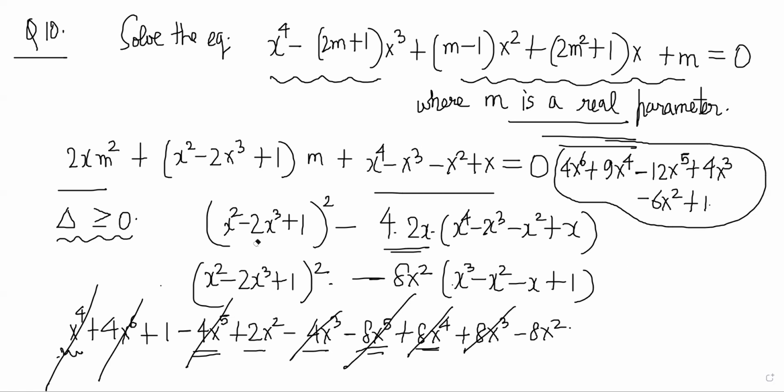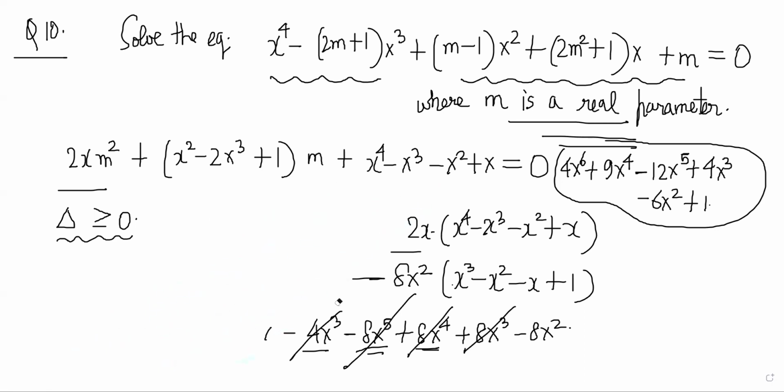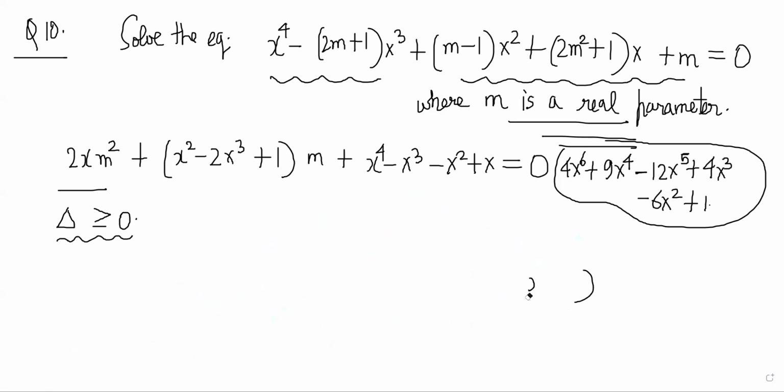And let's think about that discriminant a little bit. I feel like it might be a perfect square. Let's see what is coming. So we can easily see that these three terms are the square terms.